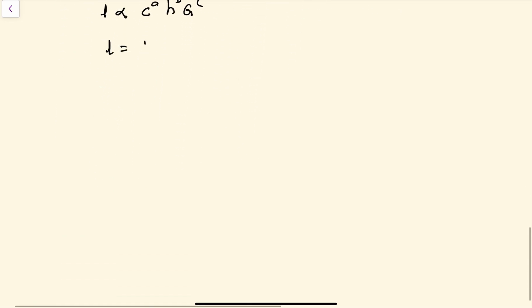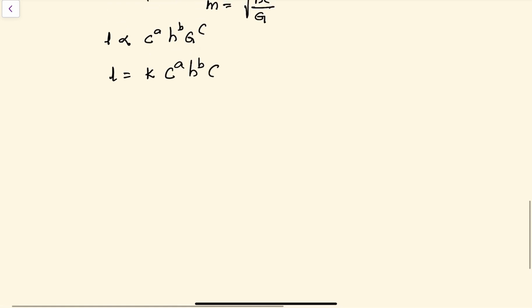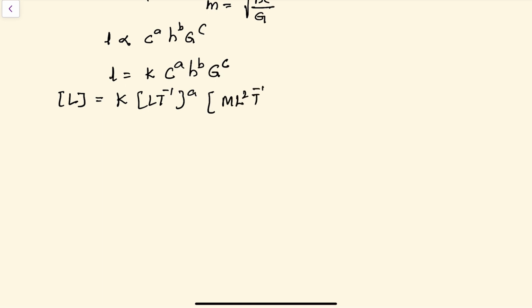L is equal to some constant C power a, h power b, G power c. Just again you substitute the dimension formulas on both sides. K into (L T minus 1) whole power a, (M L square T power minus 1) power b, (M power minus 1 L cube T power minus 2) power c.